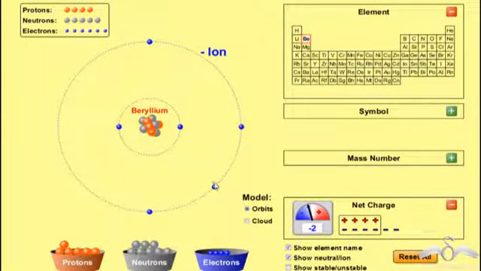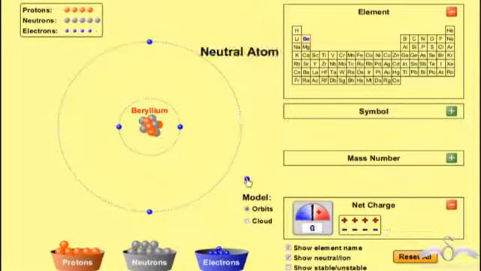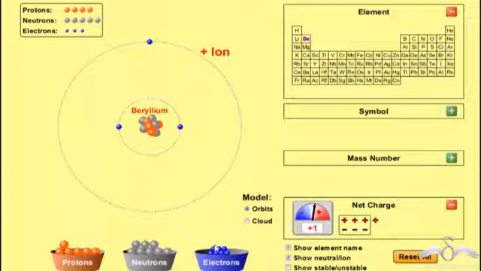Alright, let's make it again neutral. Now it's again a neutral atom. That is, it has 4 protons and 4 electrons. Well, now let's remove the electrons. Now I remove 1 electron from this atom. So now we have that the 3 positive charges of the 3 protons cancel out the negative charges of the 3 electrons.